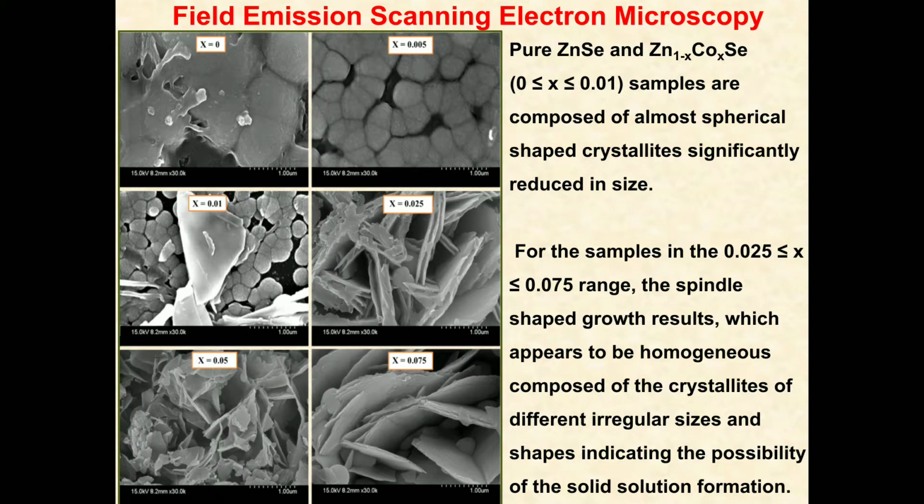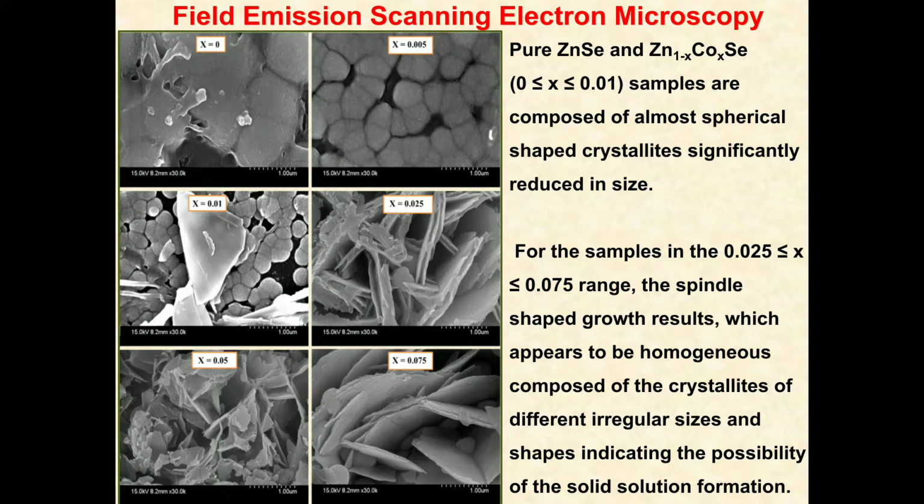We also used field emission scanning electron microscopy, that is FESEM, for morphological studies. FESEM micrographs revealed a transformation of microstructure from spherical globule type to a mixture of spherical globule and spindle type elongated structures of uneven shapes and sizes.